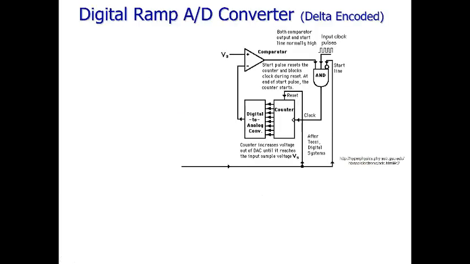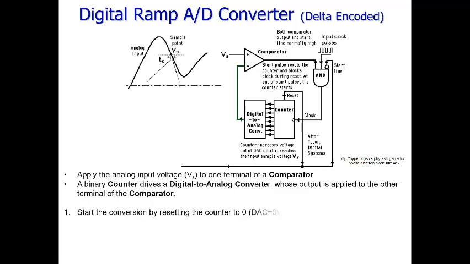We're out of time, so I'll refer you to the notes here that give you a pretty good rundown on the different internal architectures for A to D converters and the clever ways that they take a voltage and determine what is a proportional digital or binary number that goes with that voltage. We have ramp converters.